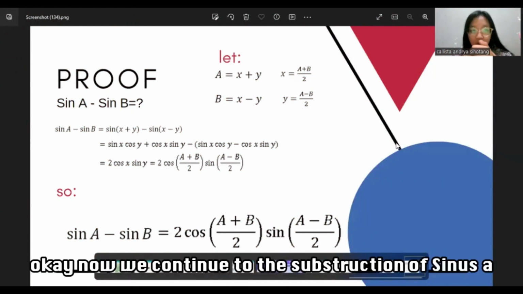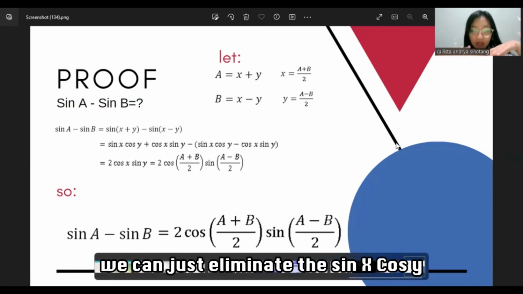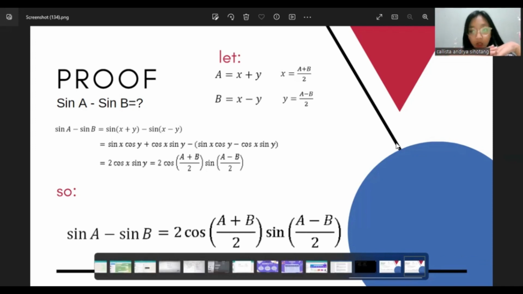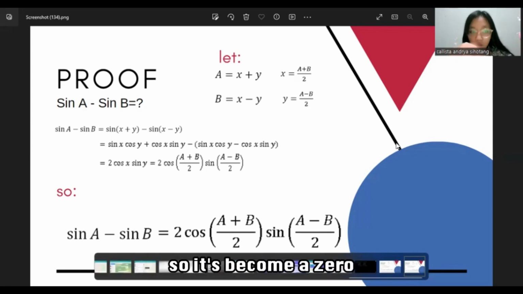Now we continue to the subtraction of sin a and sin b. The subtraction is not very different from the addition, but this time we eliminate the sin x cos y, not the cos x sin y, because the sin x cos y is negative, so it becomes 0.